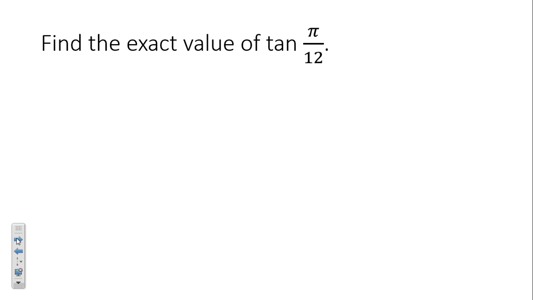Exact value of tangent of pi over 12. So if we added pi over 3 and pi over 4 before to get 7 pi over 12, what are we going to do this time? Subtract. Do we want to take pi over 3 minus pi over 4 or the other way around?